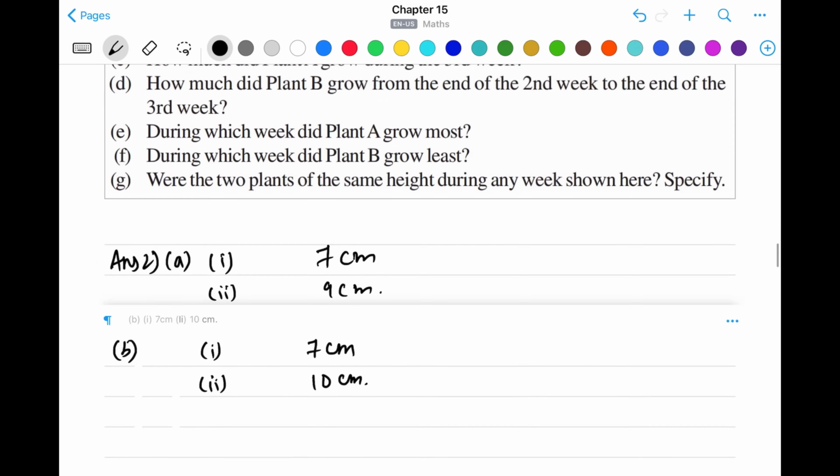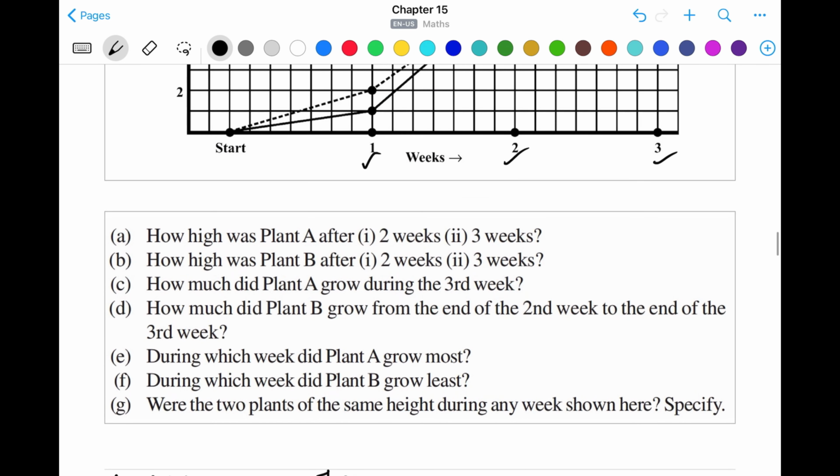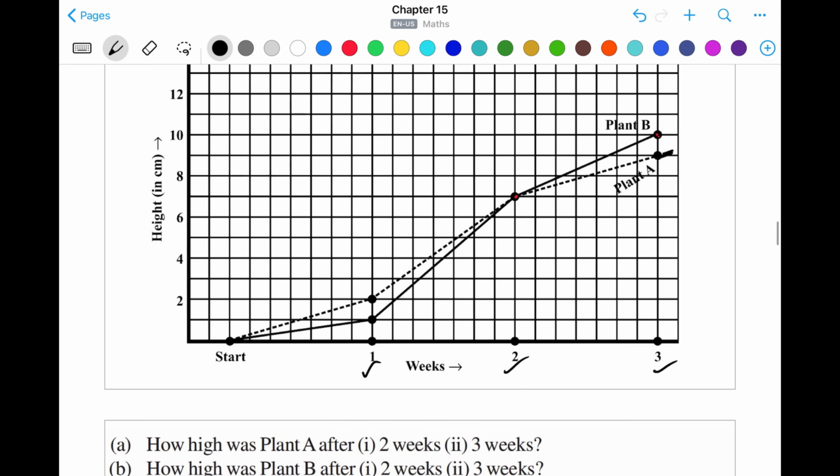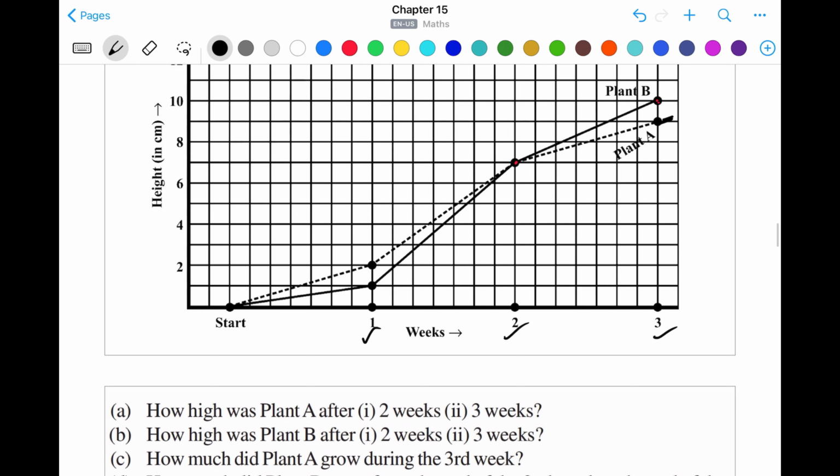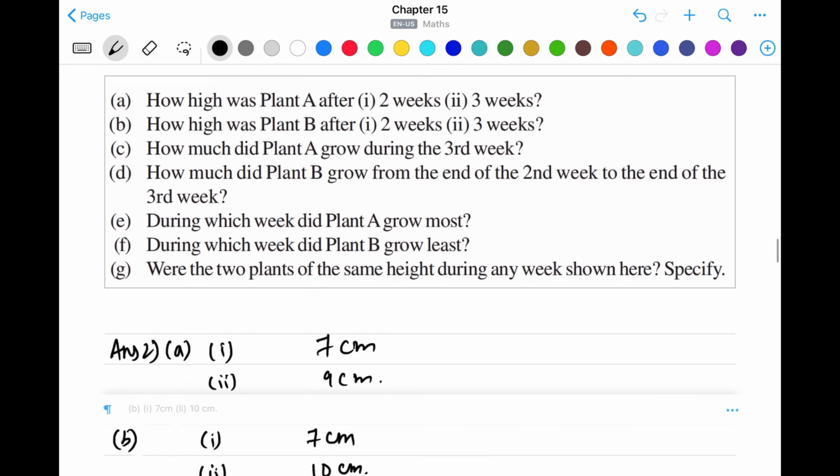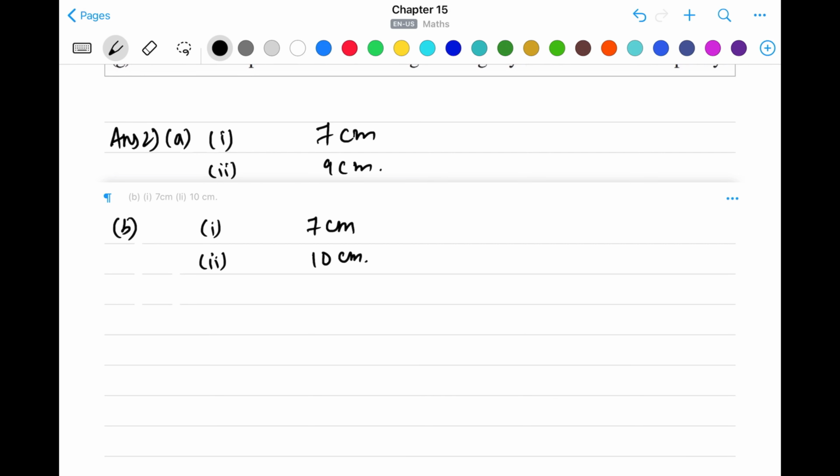Now let's see the next one. How much did plant A grow during the 3rd week? After the completion of 2 weeks the length of the plant was 7 centimeter, and after completion of the 3rd week its length is 9 centimeter. So the difference is 2 centimeter. Let's write this.